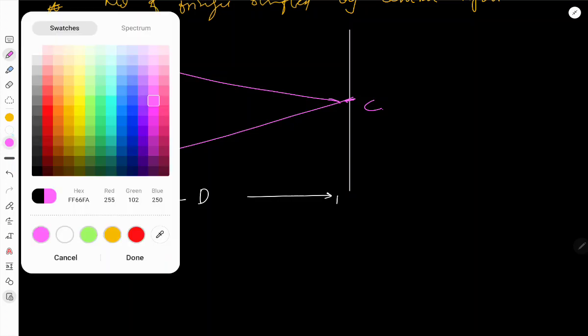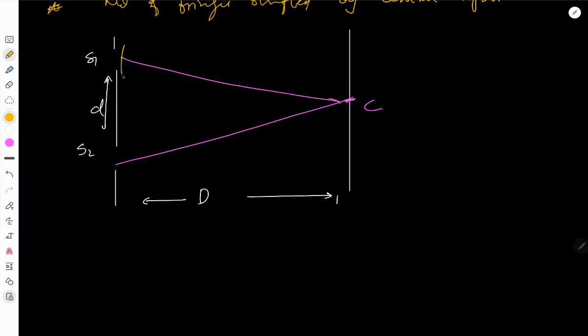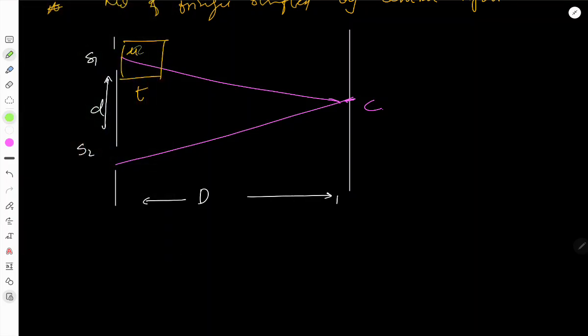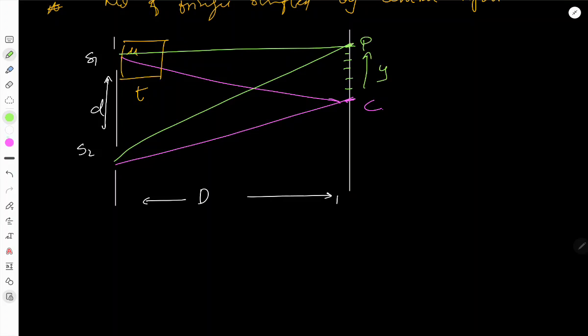But now that there is a slab, the fringe would shift in the direction of the slab. Let us assume in this distance there are a number of fringes, which they are asking. So let us consider this distance as y, this point is P.